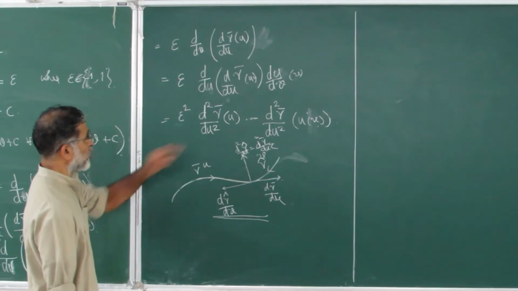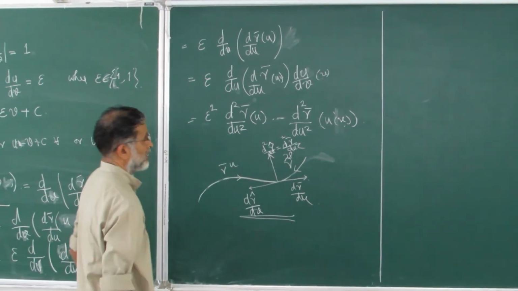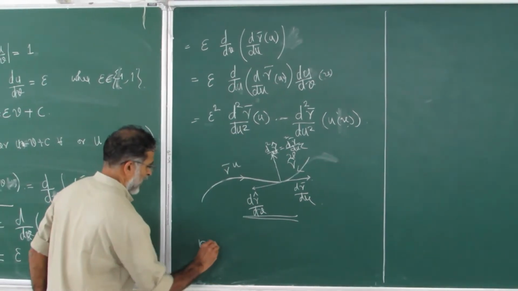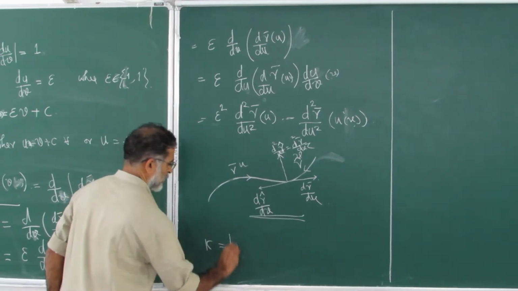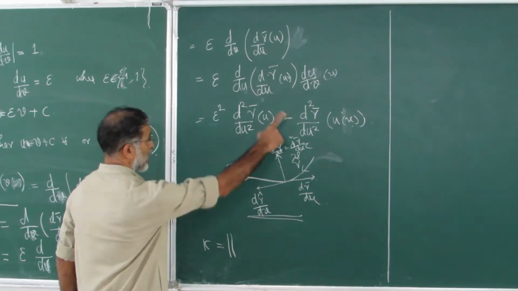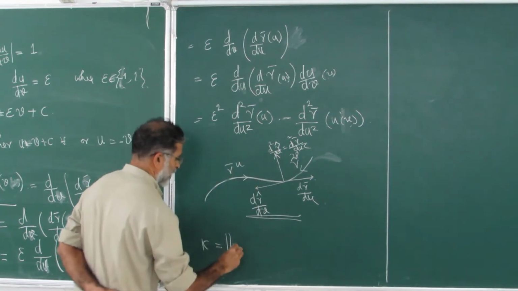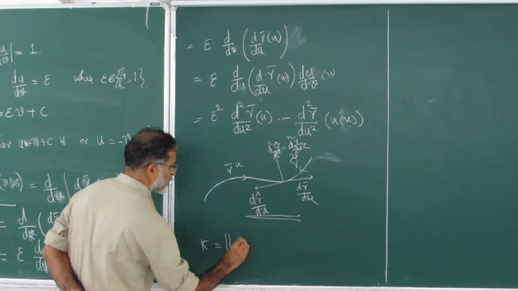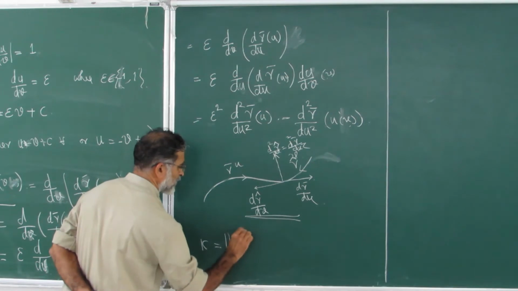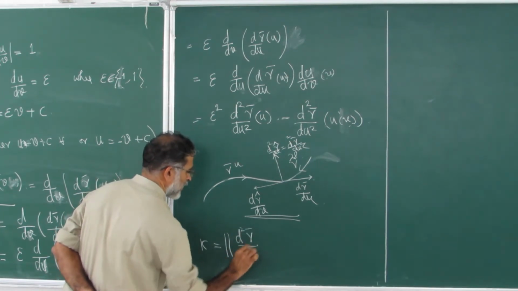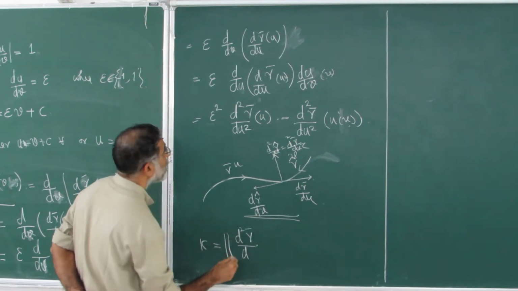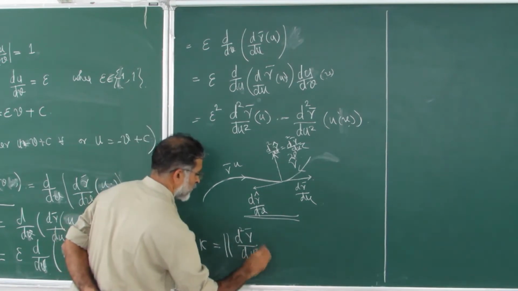Notice that this also says that the curvature, which we defined as follows: if you start with any unit speed parameterization, the curvature is defined as the norm of the second derivative, d square gamma bar by du square.